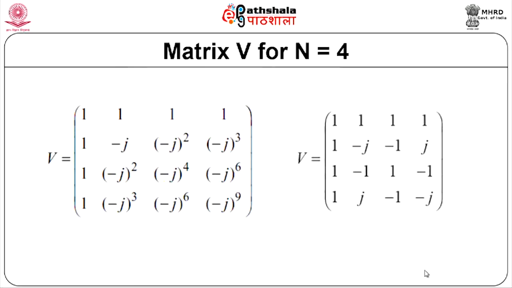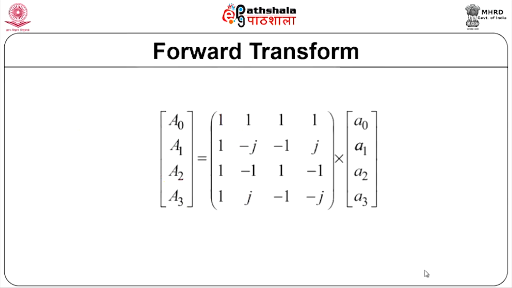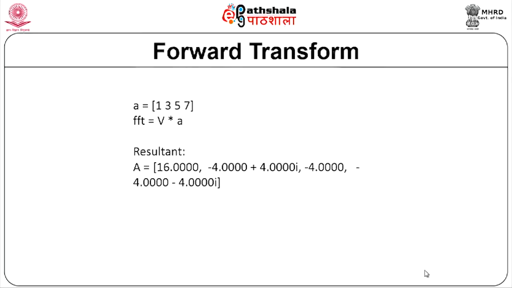Now we know what the forward transform is going to be. The forward transform is A equal to V a, where V is the matrix which represents the kernel, and a is the input element that is given as part of the process. Now I am taking a small example.